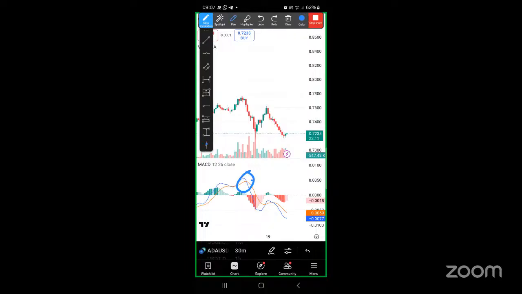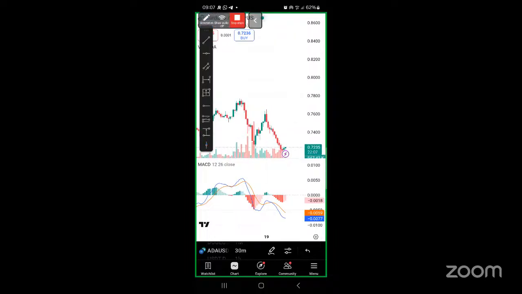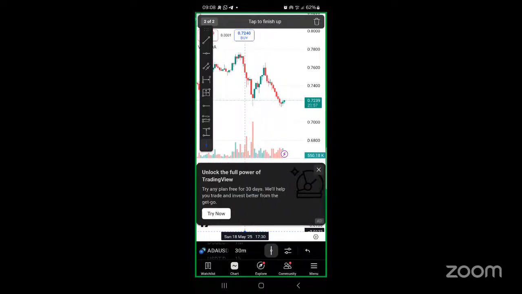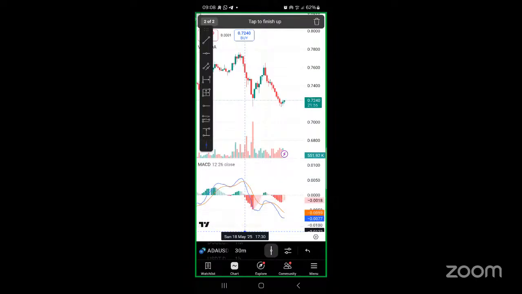And there was a death cross. Now listen to me. At this point, let us see what happened after this scenario. Did the market go down or continue going up?